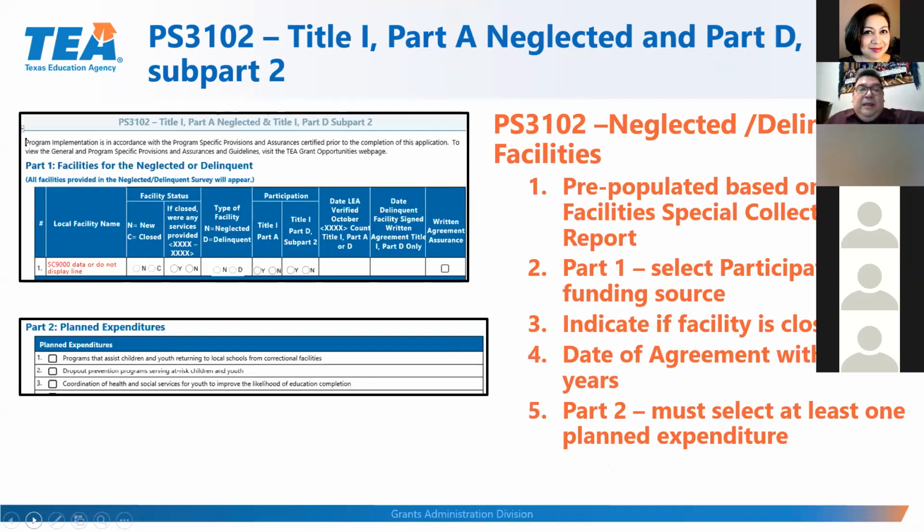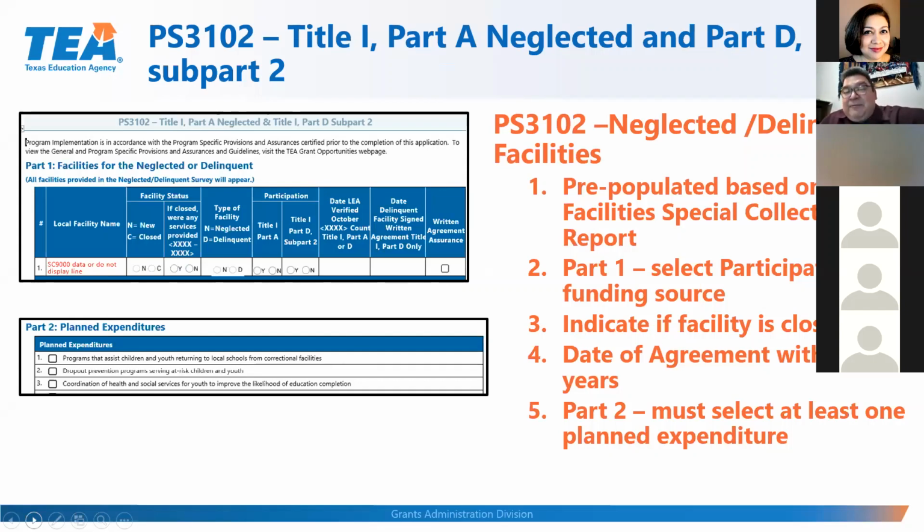Yeah. And now we're just going straight down the different program application funds and schedules, because at this point, once we've completed those first 3 schedules, you can enter and complete them as necessary. If you do have neglected or delinquent facilities, this will be a required schedule.